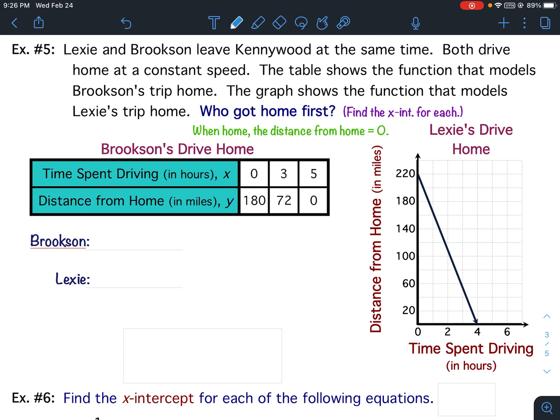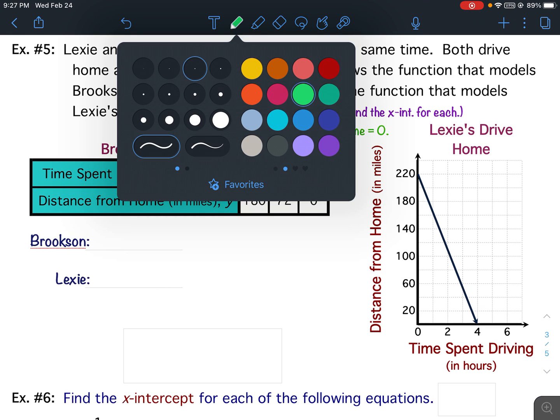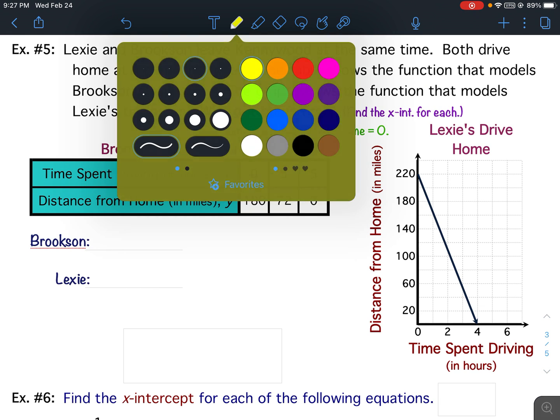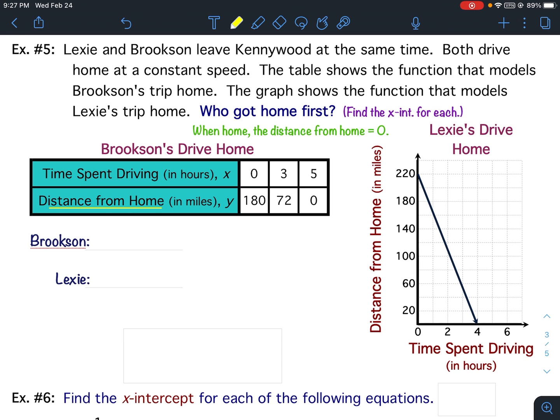Well, for Brookson, it's really simple. Right here is the distance from home. So I find where the y value is 0, and I'm going to box that.